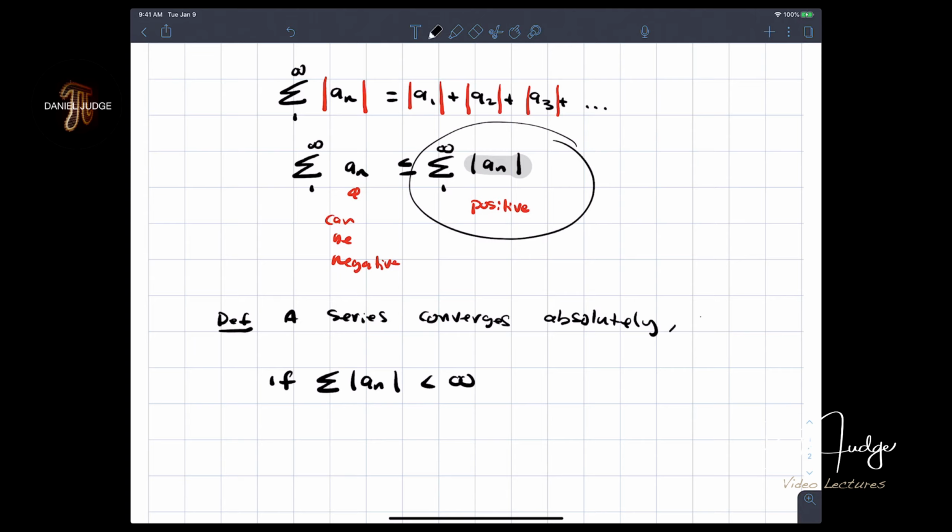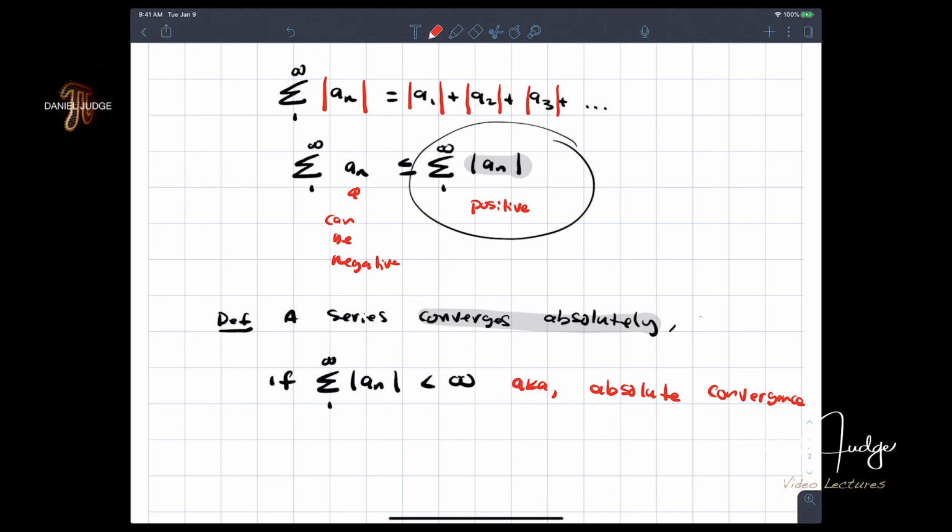So if we add these terms forever and it adds to a finite value, then we say that this series converges absolutely. And this is known as, AKA, absolute convergence. Okay, so it's absolute convergence.